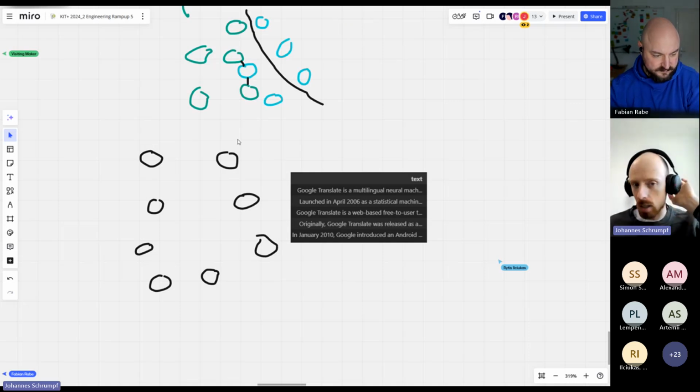So we can only do this if we have a certain relationship between paragraphs. And this relationship could be that we extracted the paragraphs from the same document, for example, or that they are from the same class of document.